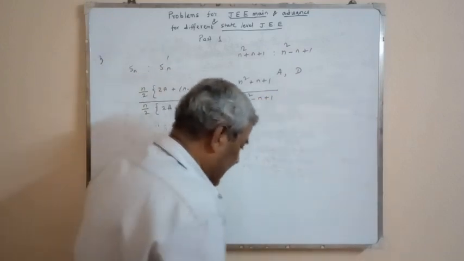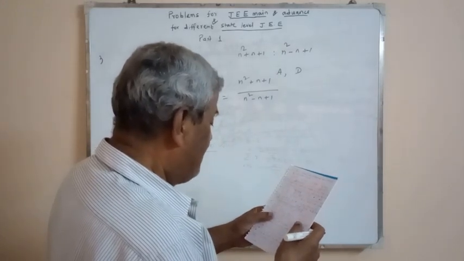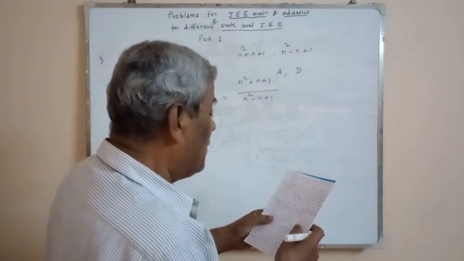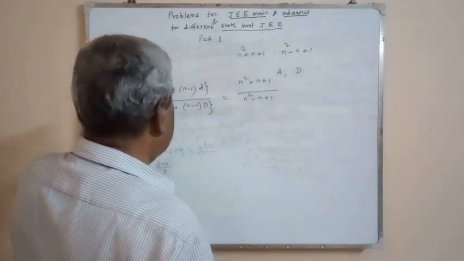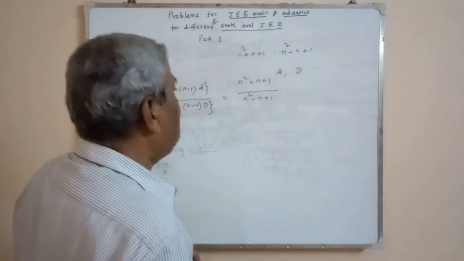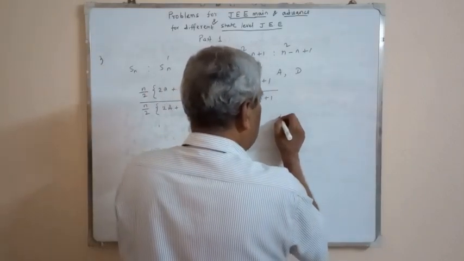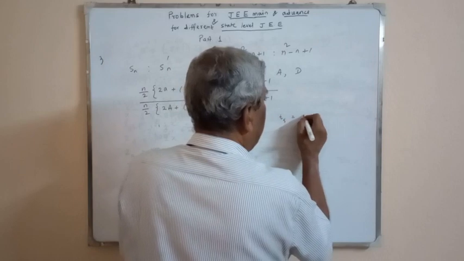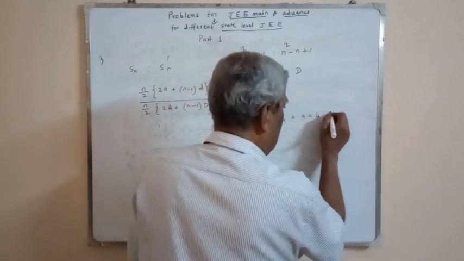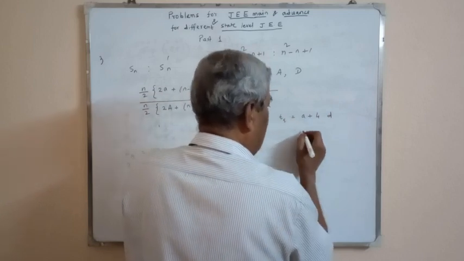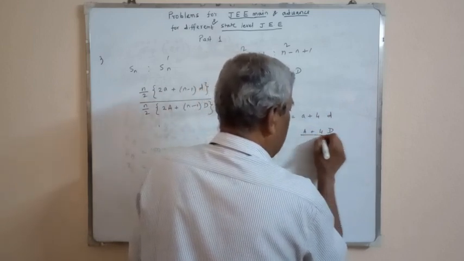Now we have to find the ratio of their fifth terms, that is T5 of the first series by T5 of the second series. T5 is equal to a plus (n minus 1) d, that is a plus 4d for the first series, and capital A plus 4 capital D for the second series.